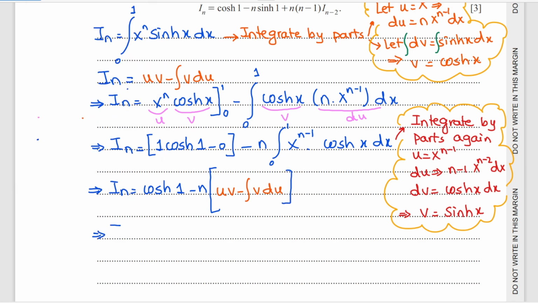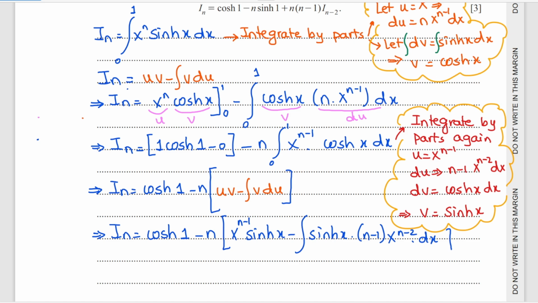So I_n is equal to cosh 1 minus n, and I'm going to apply the rule: u times v minus the integral of v du. This is u, this is v, and all of this is du.